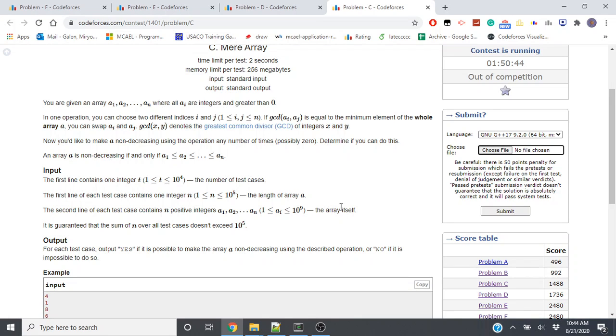Okay, mirror array. You're given an array, all a_i integers greater than 0. You can choose 2 different indices.